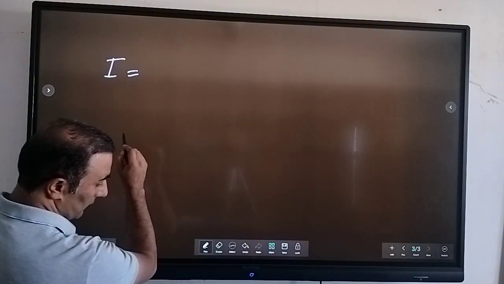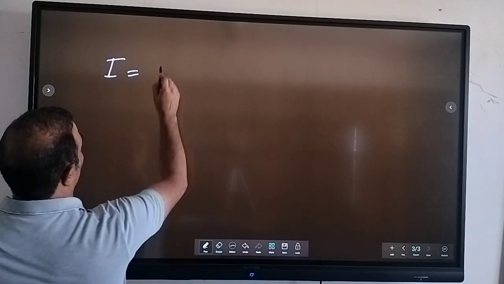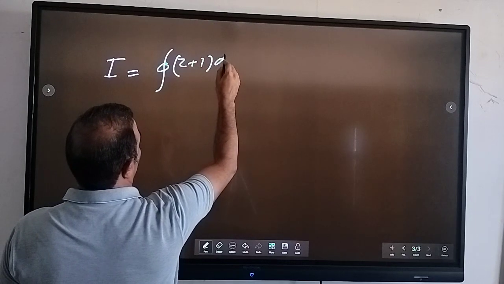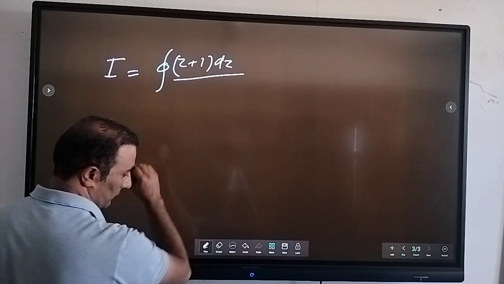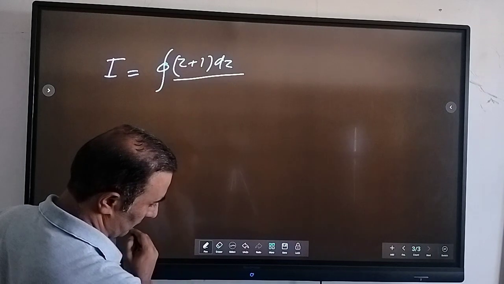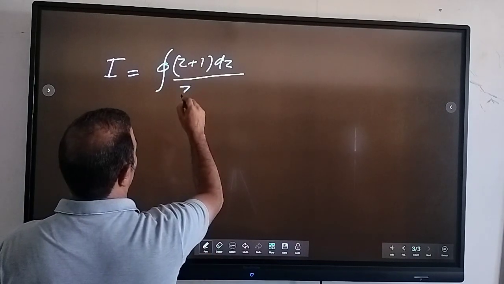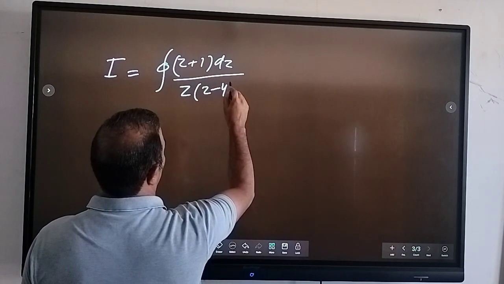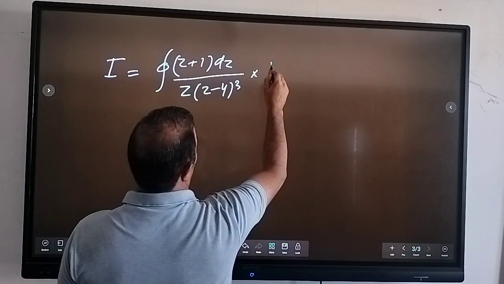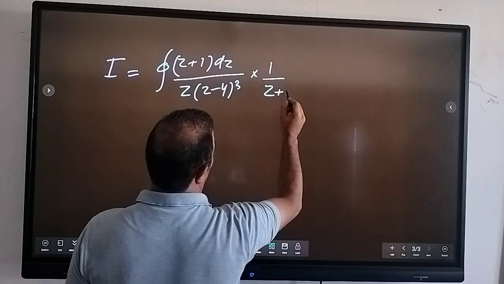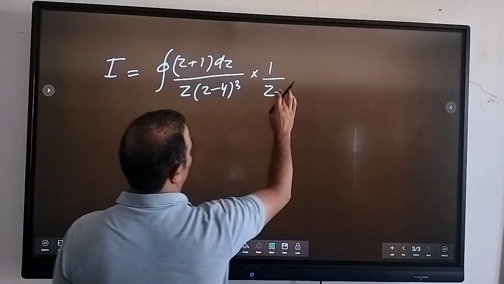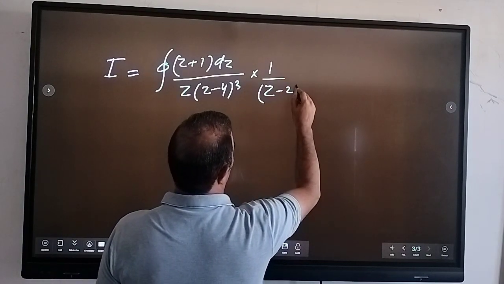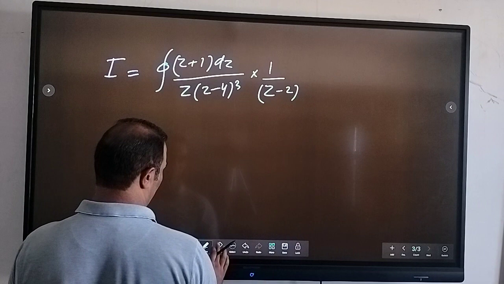the closed integral of z minus 1. Or you can put it this way.